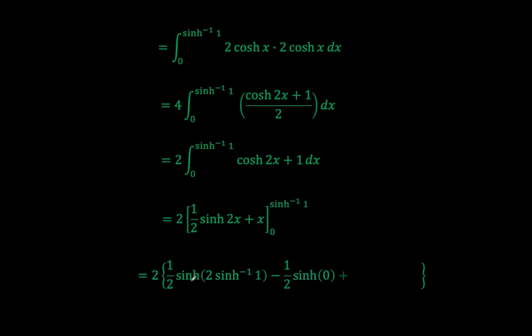So we have half sinh of 2 times arc sinh of 1 minus sinh of 0, and then plus arc sinh of 1 minus 0. So obviously this and that go away.